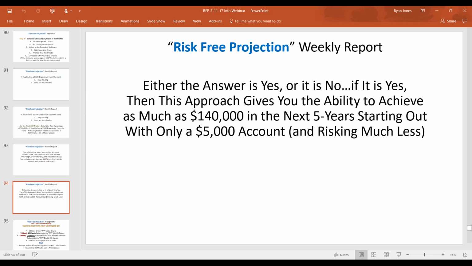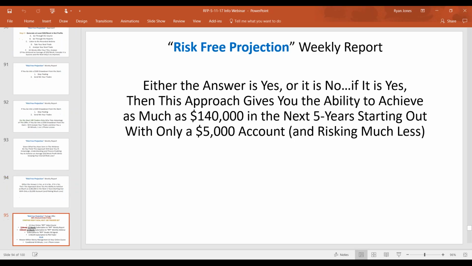Either the answer is yes or no. And if it's yes, then this program isn't worth $2,000. This program is worth $140,000 or more, because of the compounding aspect of it, because of the low risk combination of being able to efficiently compound. It's tremendous value. So that's your answer.